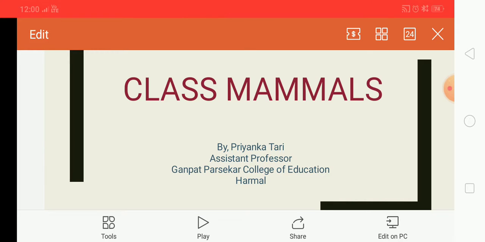There are approximately 5,400 mammalian species that range in size from the tiny, 1 to 2 inches, bumblebee bat.